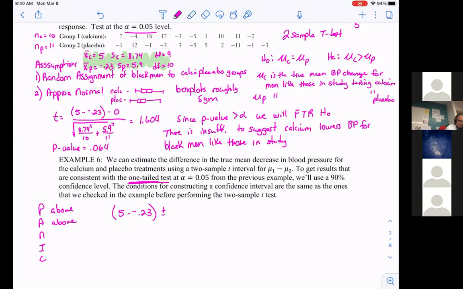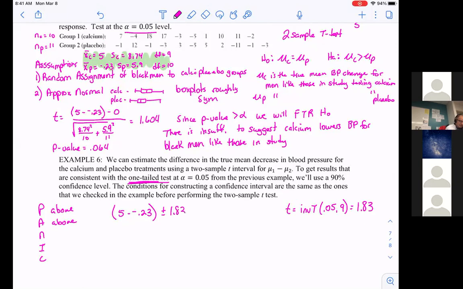Plus or minus our critical value. Just to refresh on doing an interval, we've got to figure out what that critical t value is. So we're going to inverse t, 0.05 and 9, and that's going to give me a 1.83.